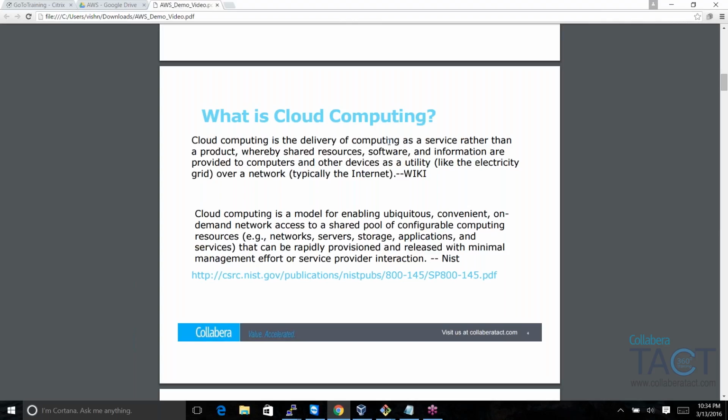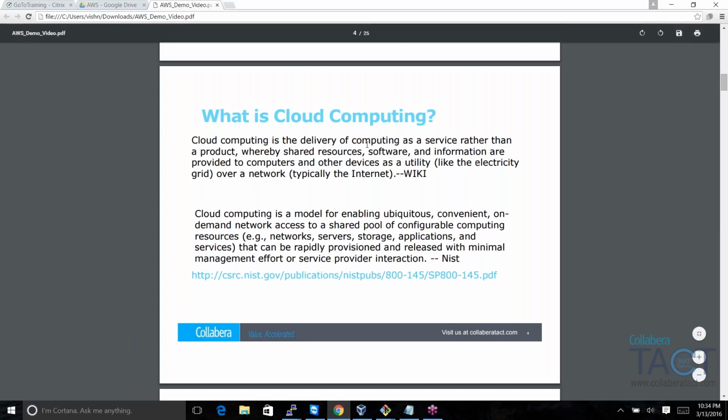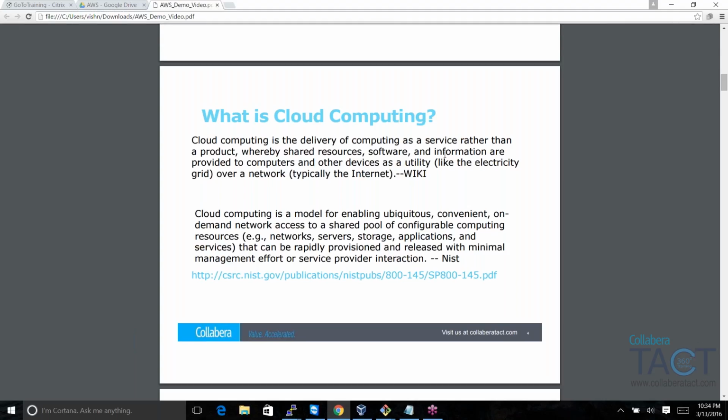The service provider is going to pool a bunch of resources. If I'm the service provider and I have hundreds of customers who need Linux services, then I might run 10 physical machines and create 100 virtual machines on them for different customers. Here I'm pooling a bunch of resources to give a service.